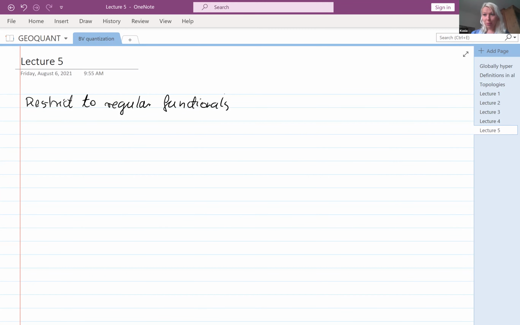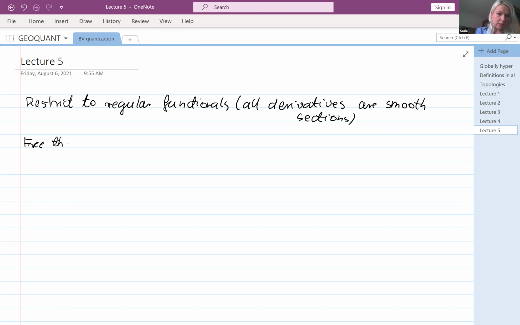And I recall what it means. It means all derivatives are smooth sections. Okay, and with that restriction, the free theory is the following.